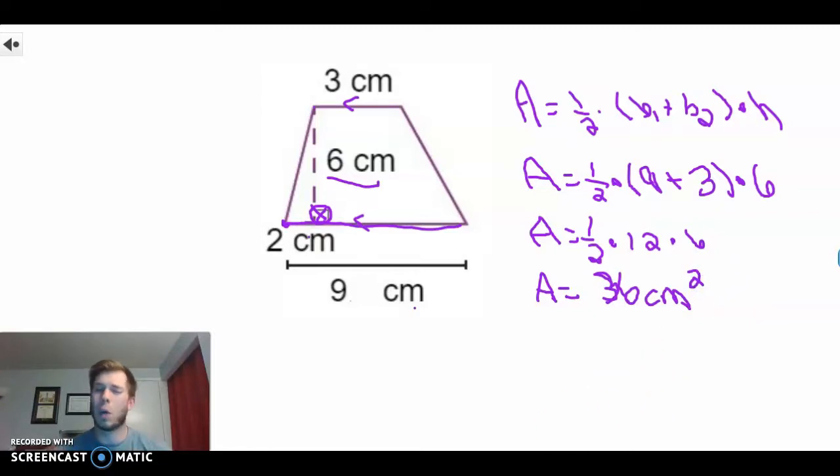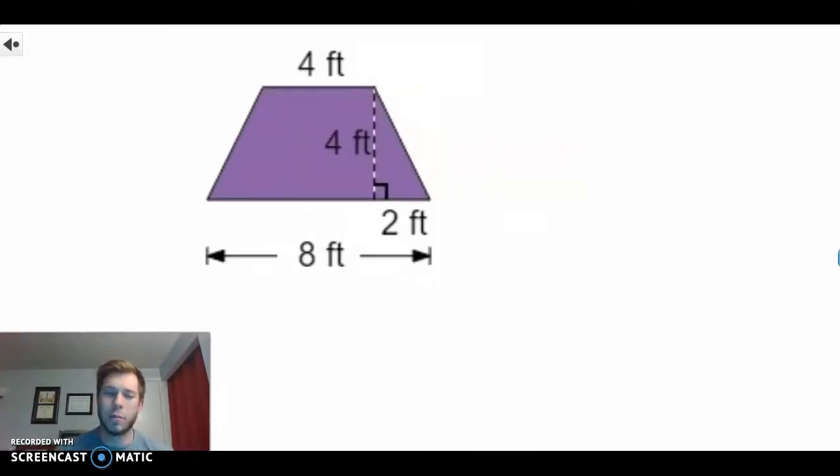Okay. I got one more for you guys. Hang in with me. It's our last one. Very similar to the question before. I want you guys to go ahead and attempt to find the area of this trapezoid using that formula for area of a trapezoid. Always write it down first.